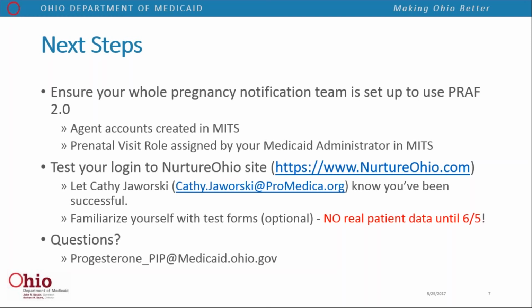You'll have your agent accounts created in MITS, and then also have the prenatal visit role assigned by your Medicaid administrator. For the most part, I think most folks have been able to do that by this point, but I just wanted to give that reminder just in case.